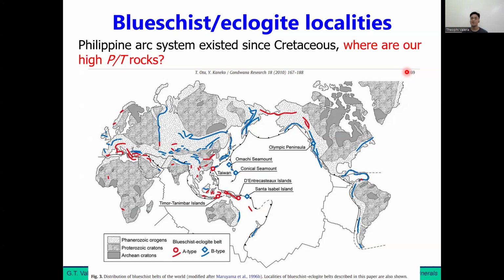Basically, yung high pressure, low temperature geothermal gradients that's required to form blueschists and eclogites can only be generated if you have depressed geothermal gradients. And there's only one region where you can have depressed geothermal gradients, and that is along subduction zones. Okay, so because of that, we can use therefore these localities of blueschist and eclogite belts as a marker kung saan yung ancient na subduction zones.